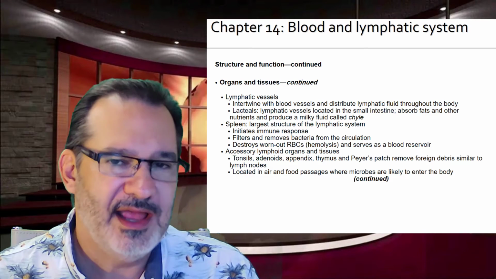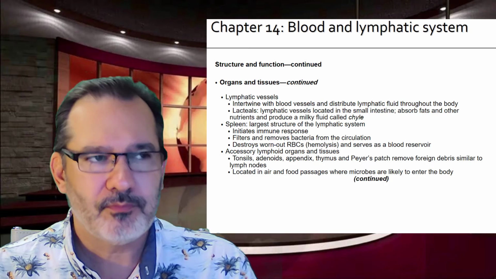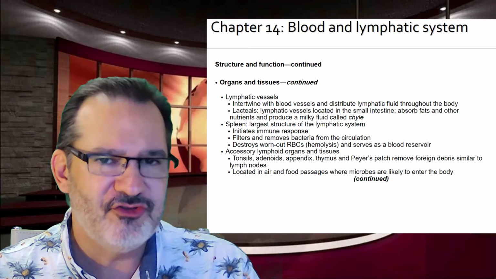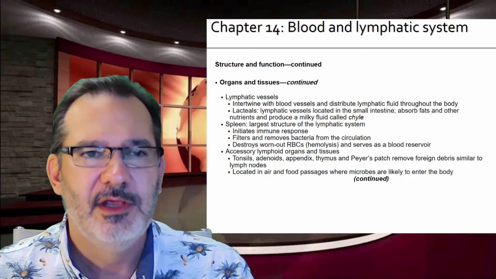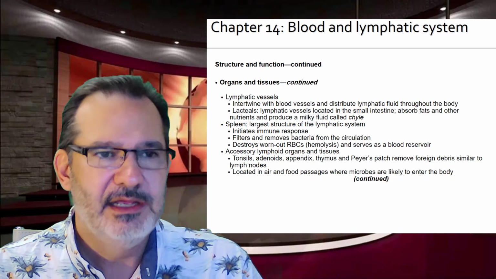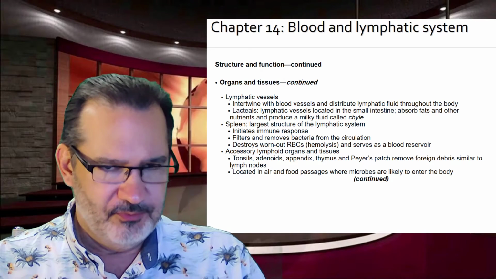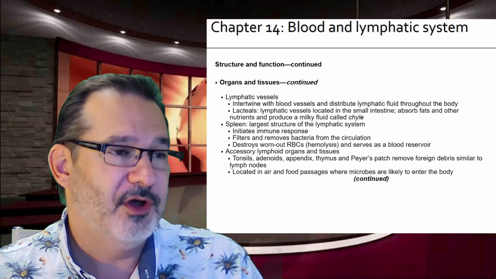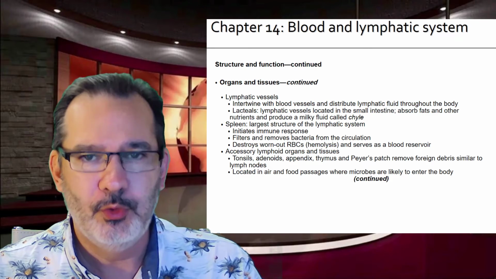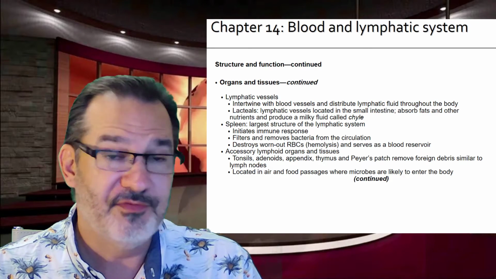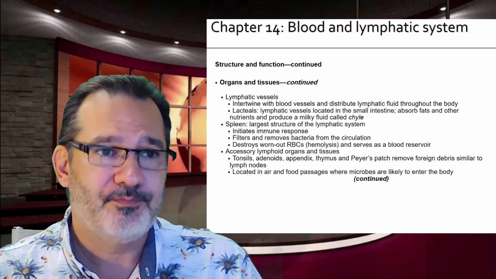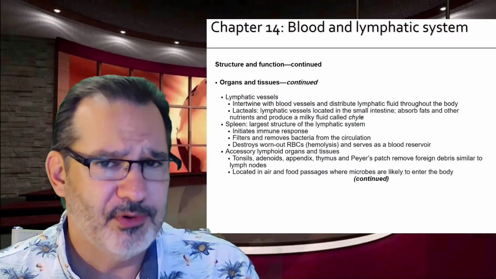So if anybody's ever had a splenectomy, because the spleen initiates the immune system response, without the spleen our body systems are subject to different bacterial and viral infections without a lot of great protection.